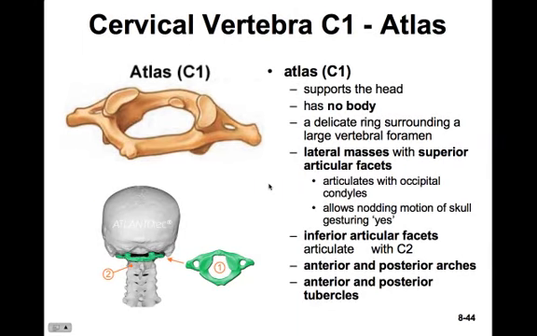So let's look closely at the atlas. The atlas is named Atlas because it's like the god that held up the world. And so the atlas has these superior articular facets right here that articulate with the occipital condyles on the base of the skull. Remember those protuberances that are right on each side of the foramen magnum?